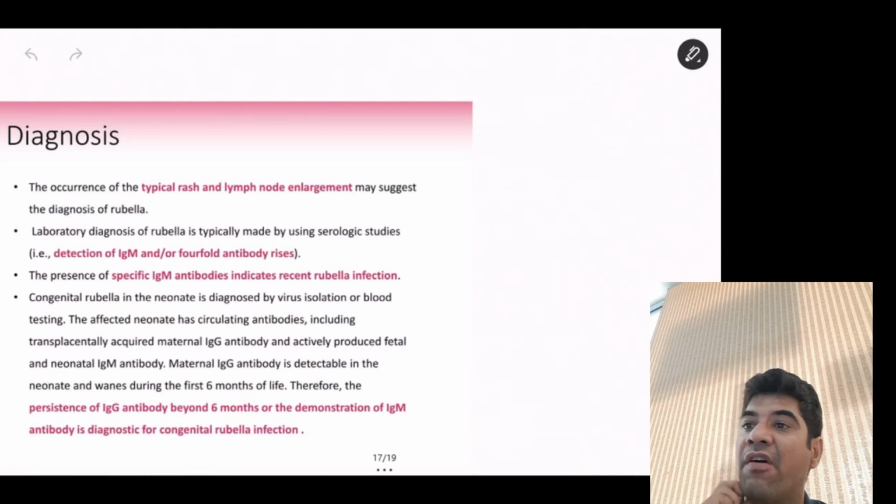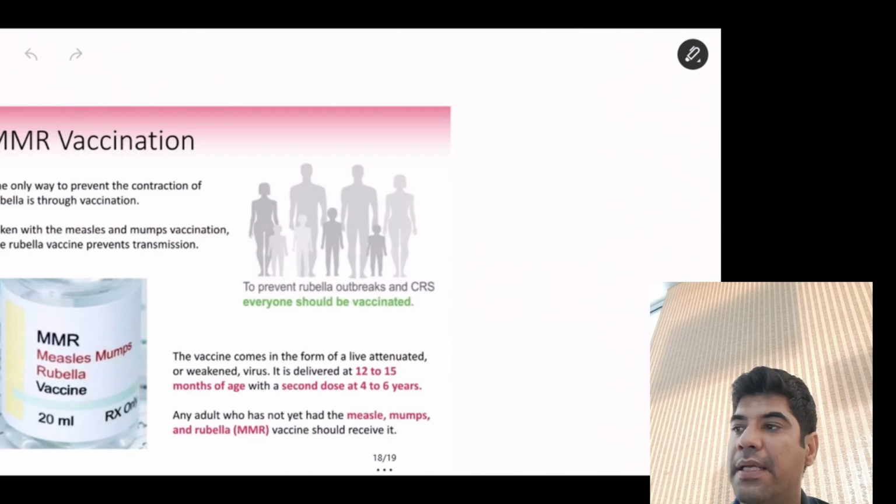The persistence of IgG antibodies beyond 6 months or demonstration of IgM antibody is diagnostic for congenital rubella infection. Rubella is generally mild and specific treatment is not required. Antipyretic drugs can be used for symptomatic relief.